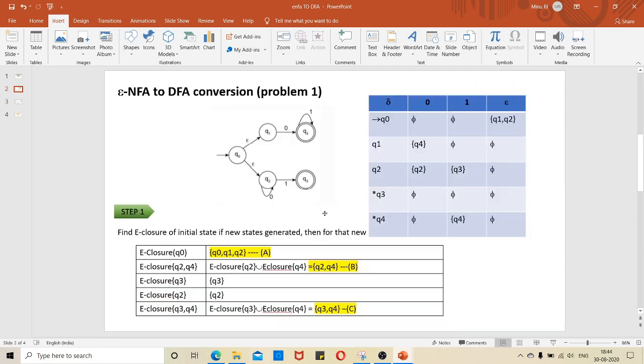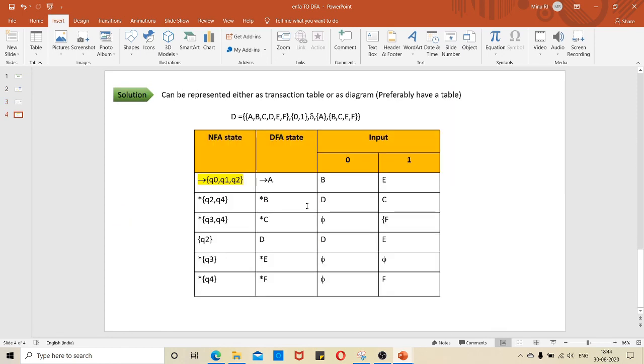In my NFA, I have 4 states. In my converted DFA, I have 1, 2, 3, 4, 5, 6 states. So this is the conversion of epsilon NFA to DFA. I hope you have understood this concept. We'll see in the next video. Thank you.